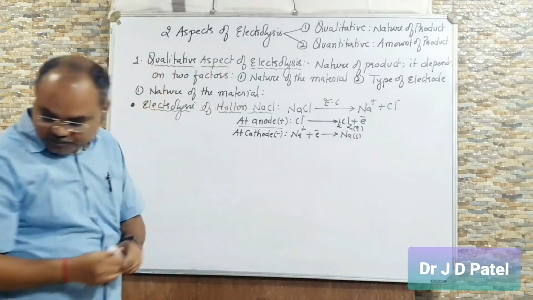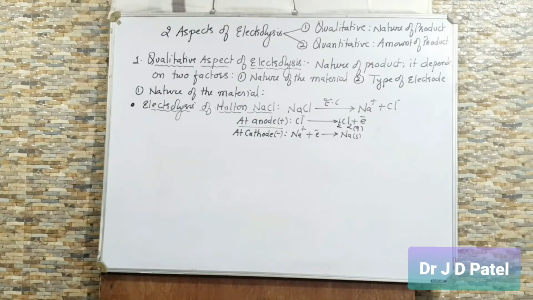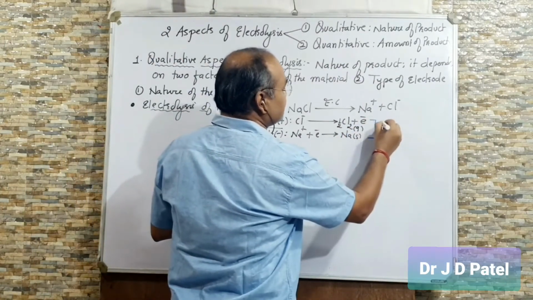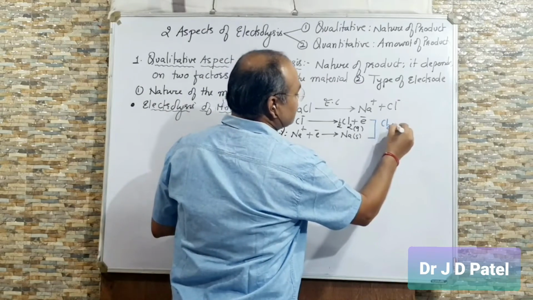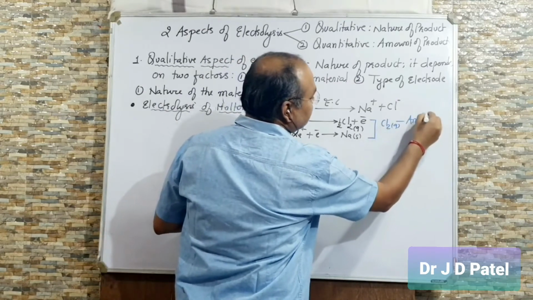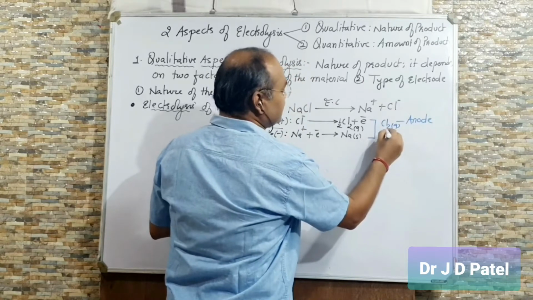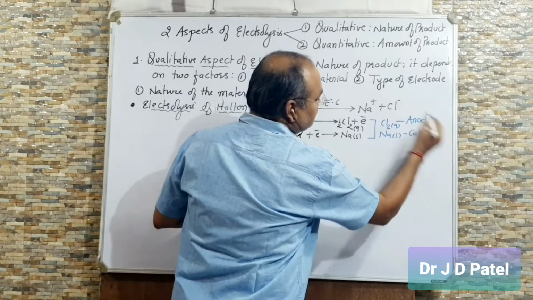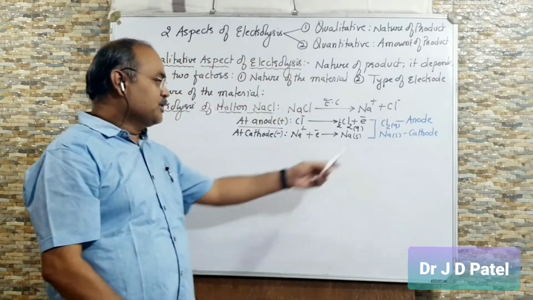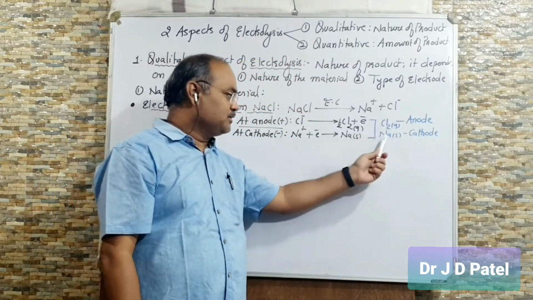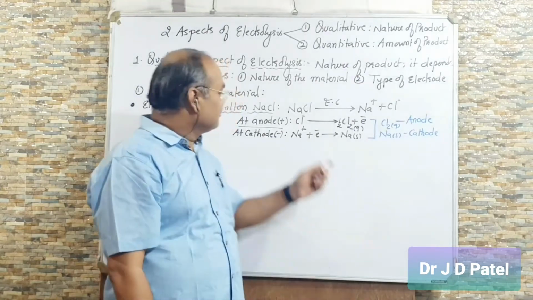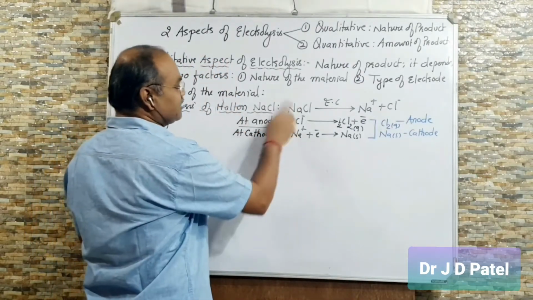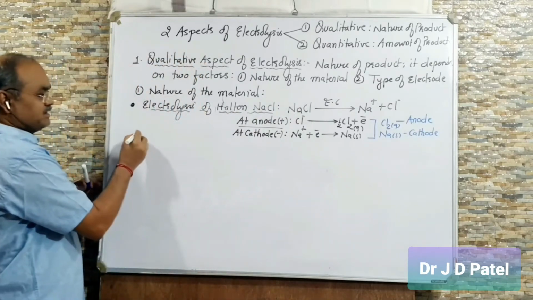So the products obtained here are Cl2 gas at the anode and sodium metal at the cathode, by electrolysis of molten NaCl.